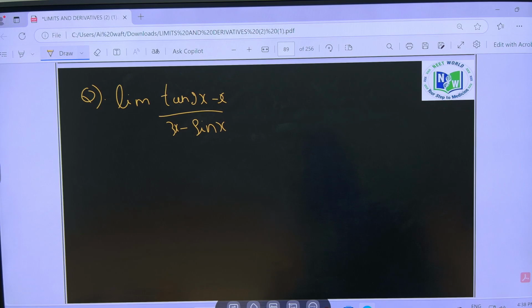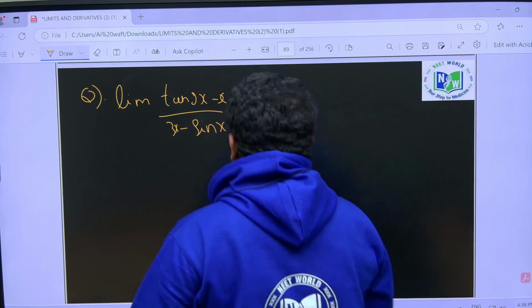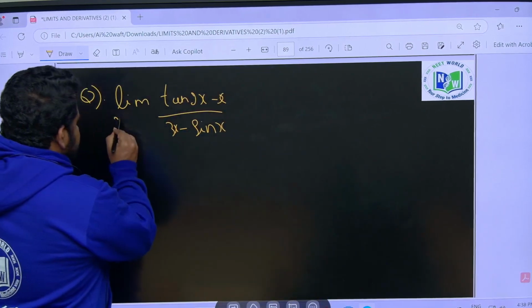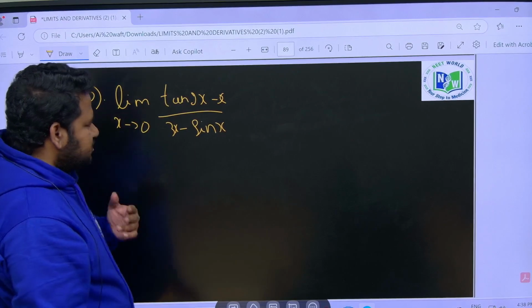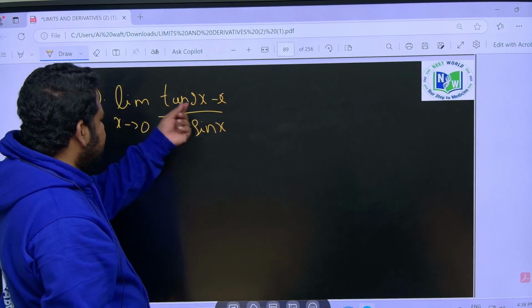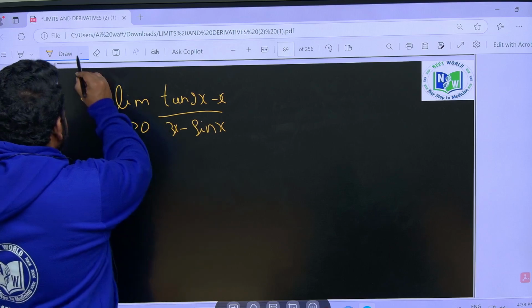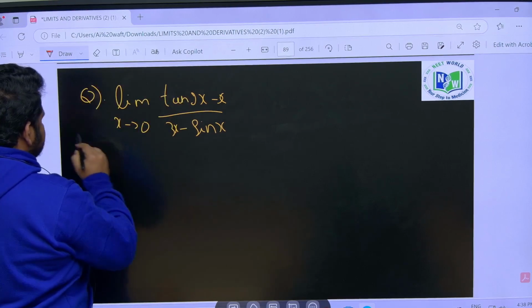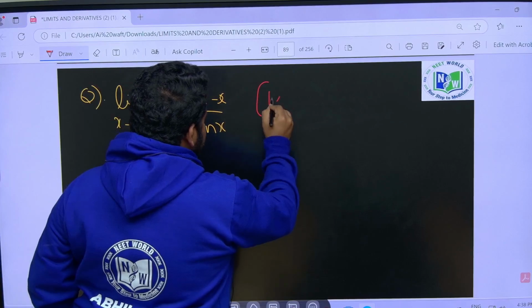Three x minus sin x. Okay, this is the question, as x tends to 0. No need of options, let us solve it like that itself. Limit tan 2x minus x by 3x minus sin x. This is also a KSET question.